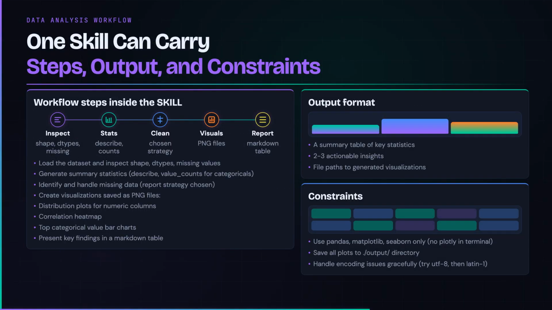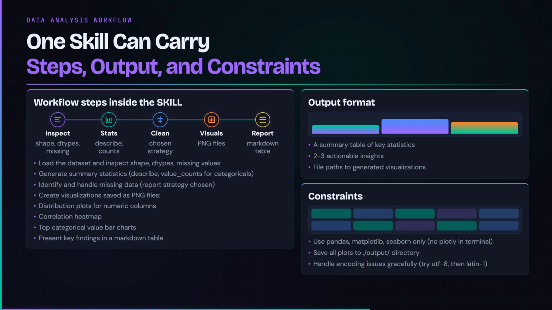Think of this skill body as the checklist the specialist follows after being called. It loads the dataset and inspects shape, types, and missing values. Then it generates summary statistics with describe and value_counts for categoricals. It identifies and handles missing data, reporting the chosen strategy.